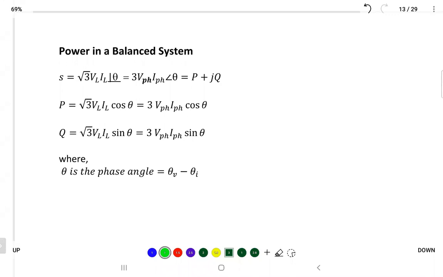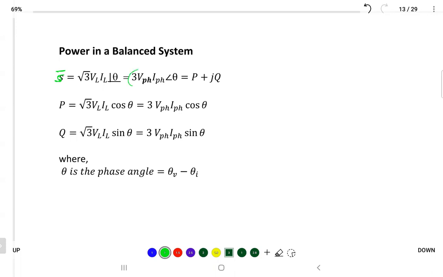Let's go into some detail. The first one here is the complex power, S. It will be root 3 multiplied by the line voltage, the line current, and the angle theta. There is nothing called the angle of line or the angle of phase. All angles are per phase.